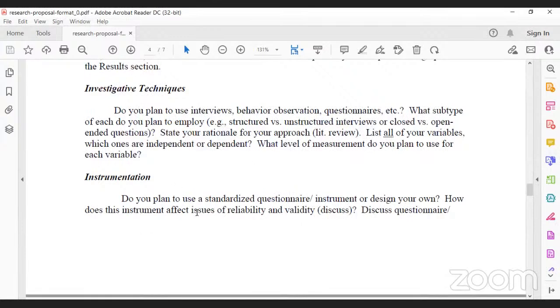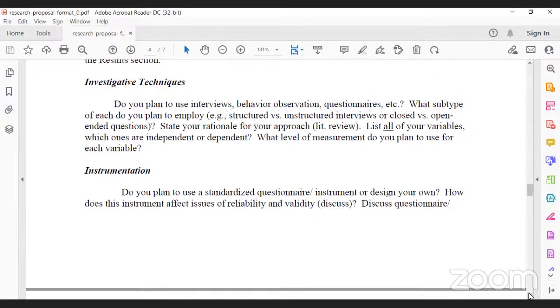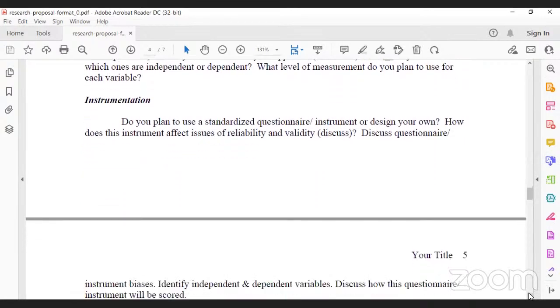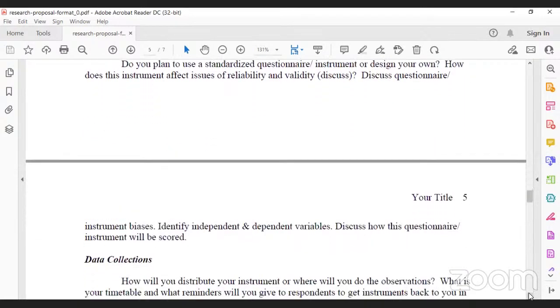And then instrumentation: do you plan to use a standardized questionnaire, or do you want to design your own? How does this instrument affect issues of reliability and validity? Discuss the questionnaire. If you are already using a well-established questionnaire or instrument, then discuss its reliability, validity, and standardization.